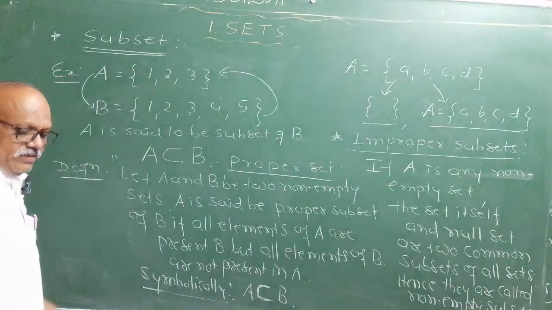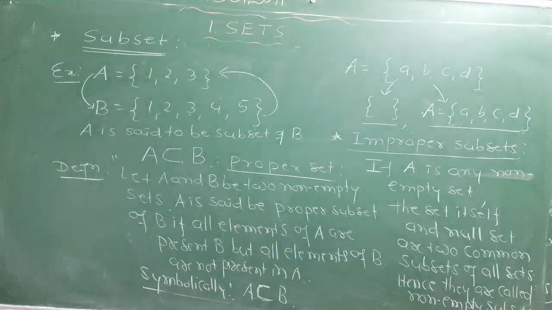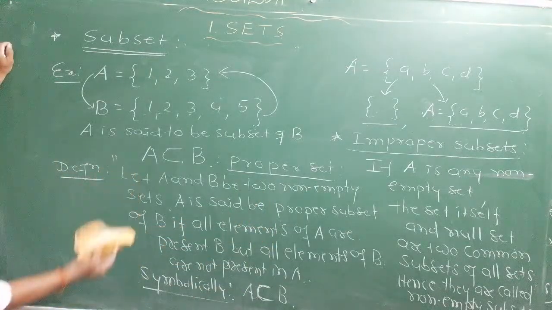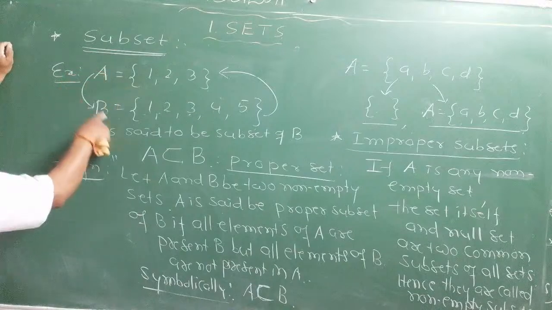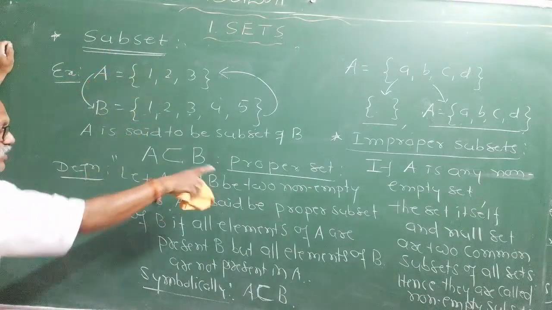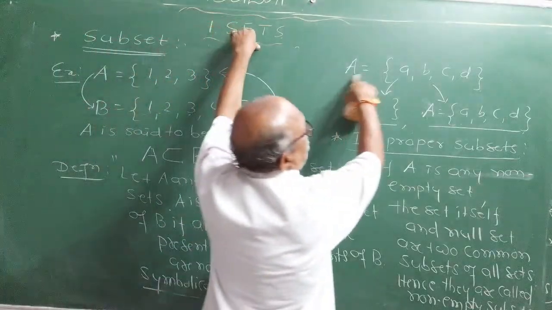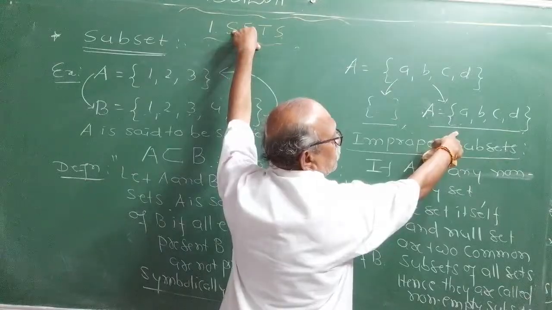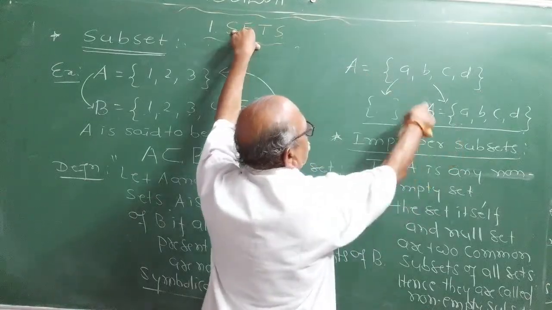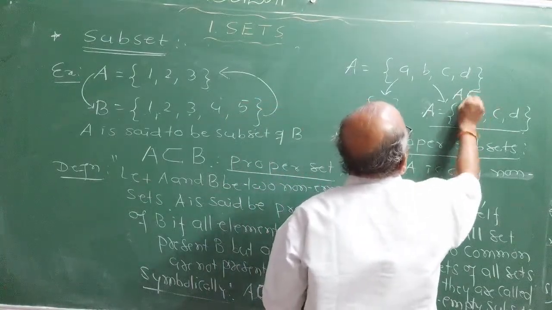What is the proper subset and improper subset? You understood. In a proper subset, all elements of A are present in B, but all elements of B should not be present in A, then it is called a proper subset. But remember, all elements of A are present in A only, no? Means A is a subset of A.